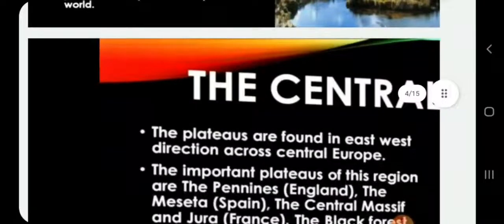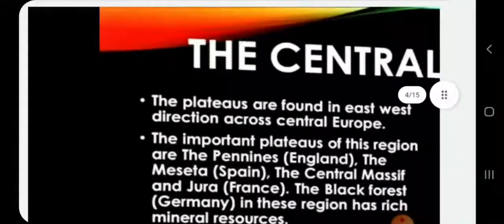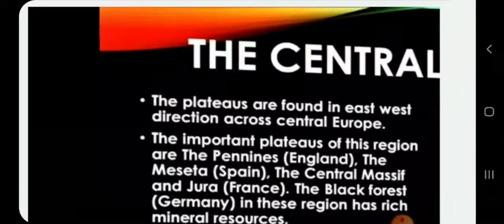The next one is the Central Plateaus. The plateaus are found in an east-west direction across Central Europe. Many rivers in Europe, such as the Danube, the Volga, and the Tagus, originated from these plateaus. You can see it on page number 157 in your textbook.